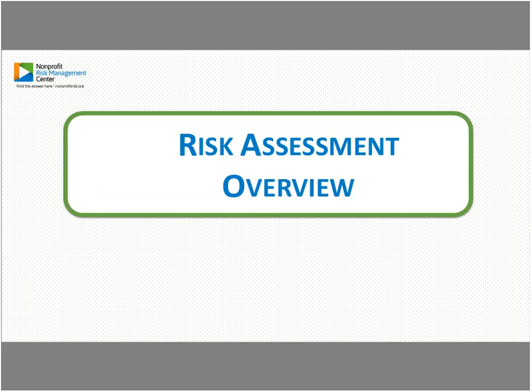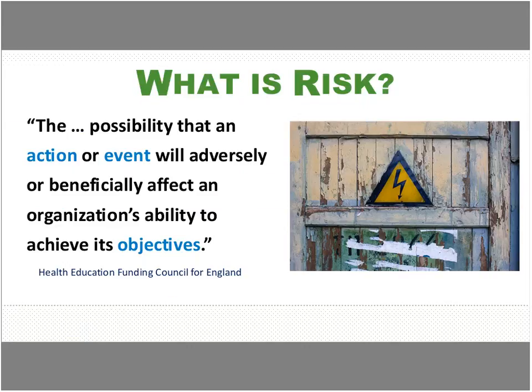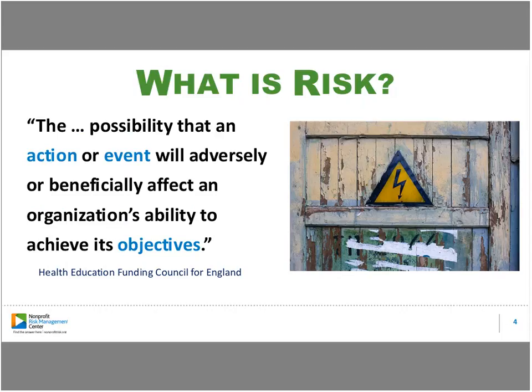First, a brief overview again of risk assessment. I spoke about this last time, just how to define risk. Risk we define here at the center as an action or event that will either adversely or beneficially affect an organization's ability to achieve objectives. This has a bunch of different components. If you were with me last time, you understand this probably a little more.